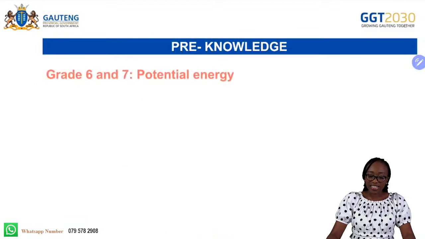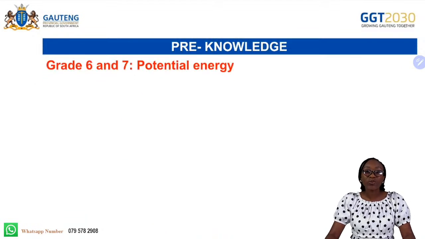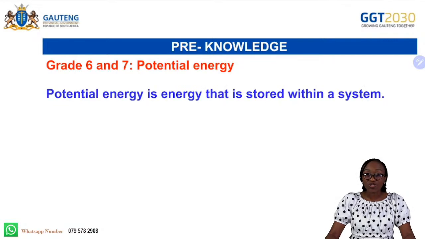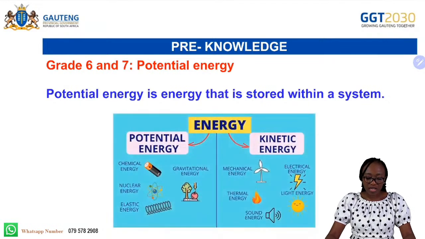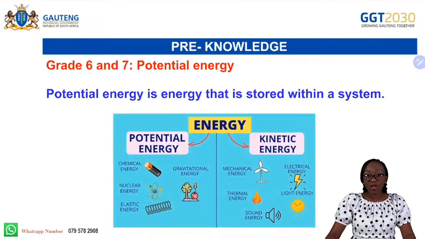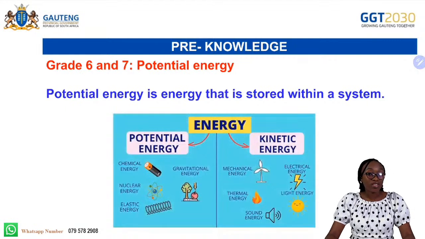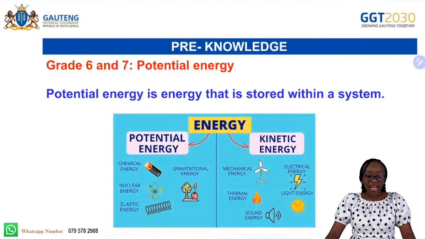Then in grade 6 and grade 7, we were introduced to potential energy. We learned that potential energy is energy that is stored in a system. We also learned about kinetic energy as well and the difference between the two types of energy.